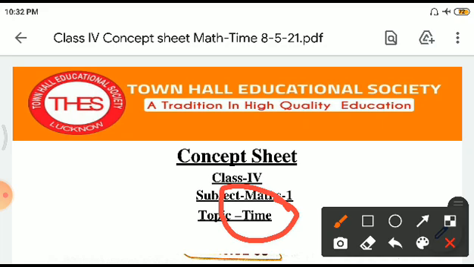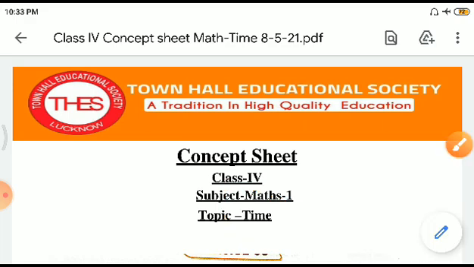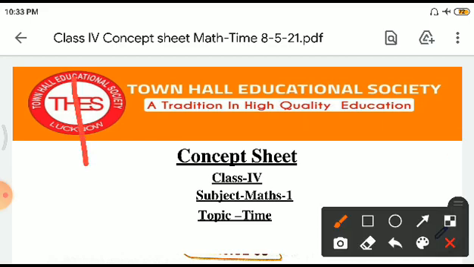Actually, what is time? Nobody can actually say what it is. This is the matter of fact. Nobody can exactly define time. It is measured through clocks and watches. If I ask you 1 hour is equal to how much?